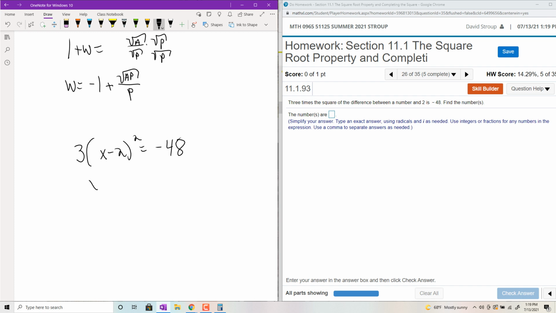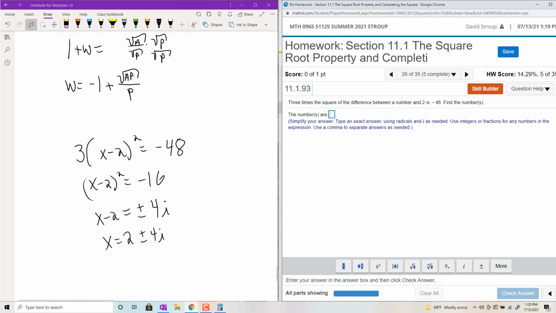Okay. x minus 2 squared is -16. So x minus 2 is plus or minus 4i. And then x is 2 plus or minus 4i. The numbers are 2 plus 4i, comma 2 minus 4i.